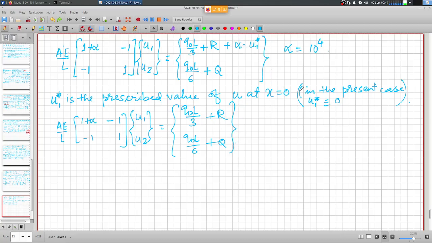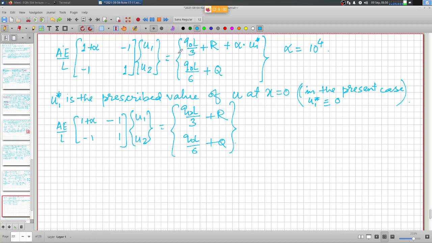So alpha times u1 star is always of course going to be 0. Otherwise, if u1 star was something else, then this first equation would approximately equal alpha times u1 is equal to alpha times u1 star, because of this alpha being very large in comparison with all other terms in the equation.